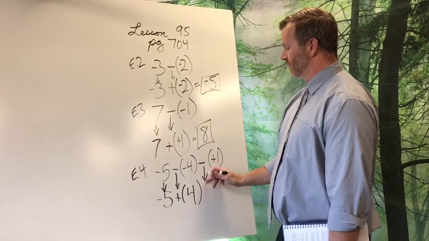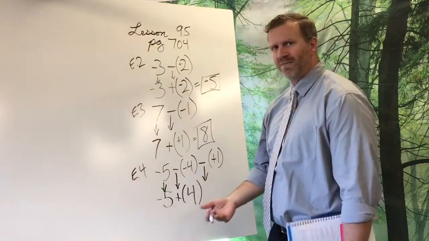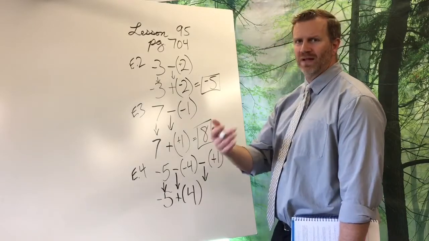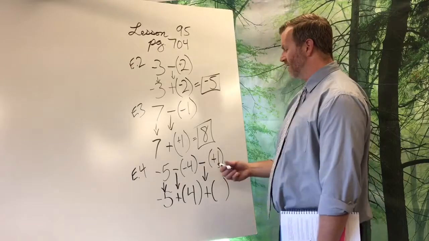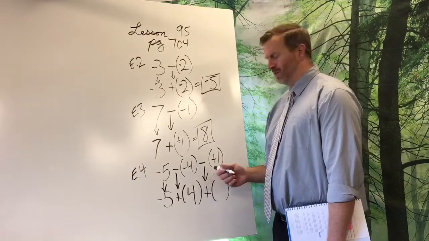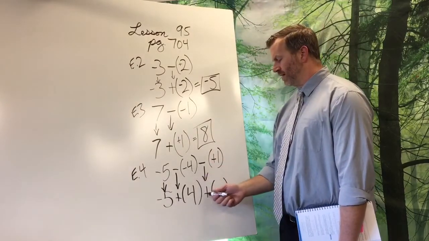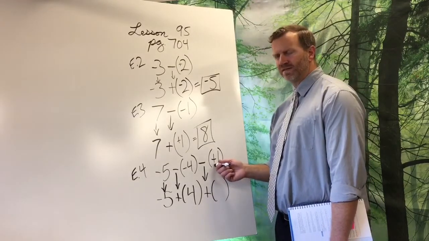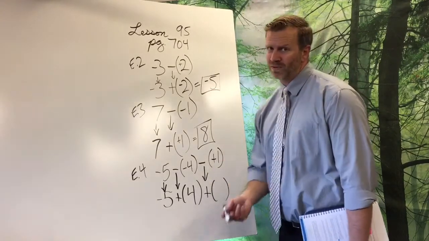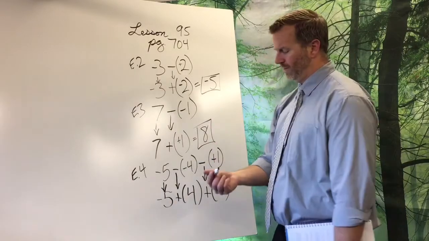Now, once again, algebraic addition, we got to make that minus sign a plus sign. Now, we had a +1 here, but now since we changed it to a plus, we need to do the opposite of what was in this parentheses. So the opposite of +1 would be -1.